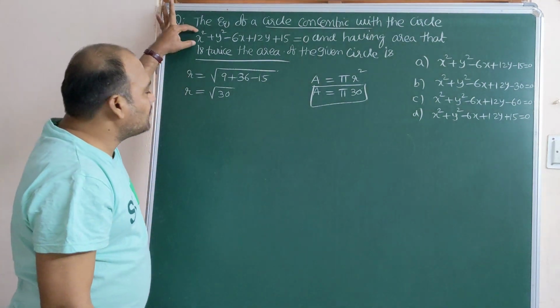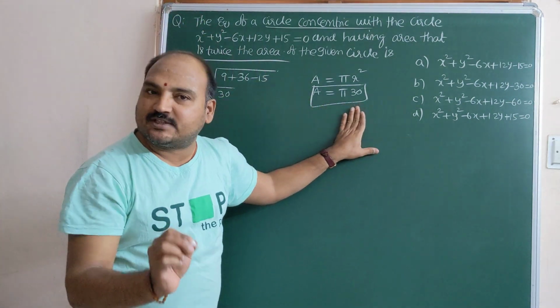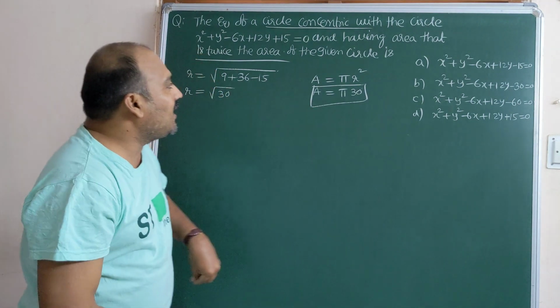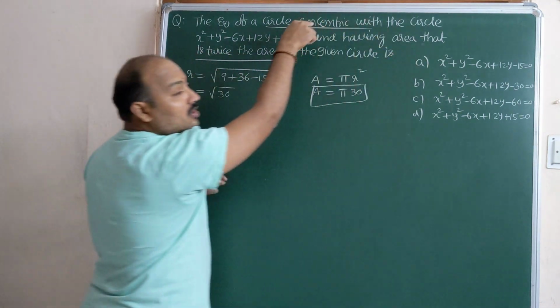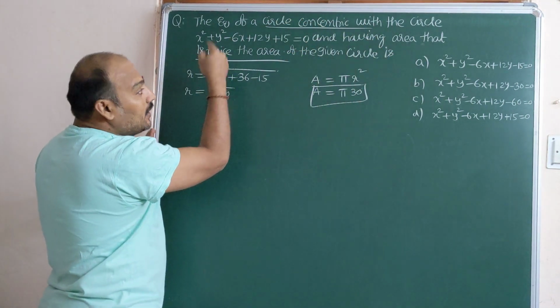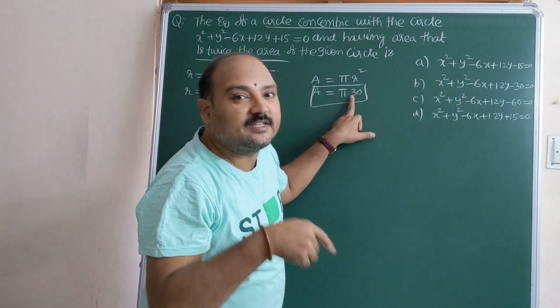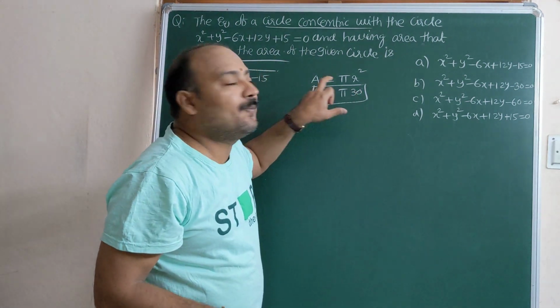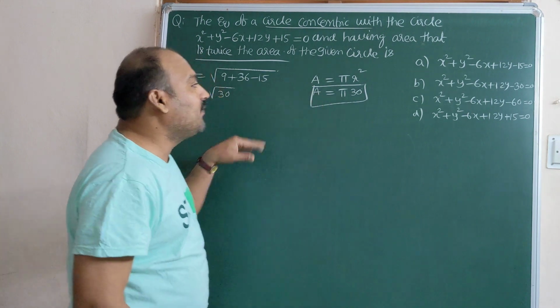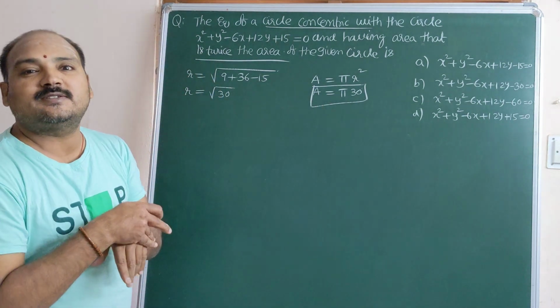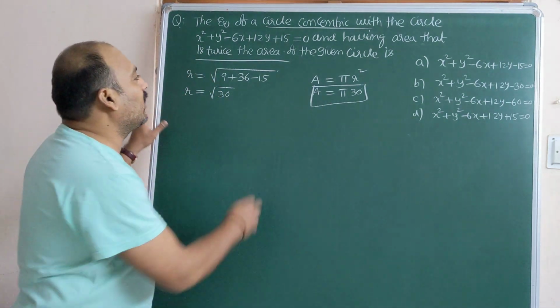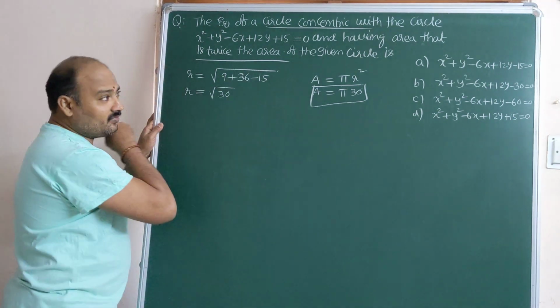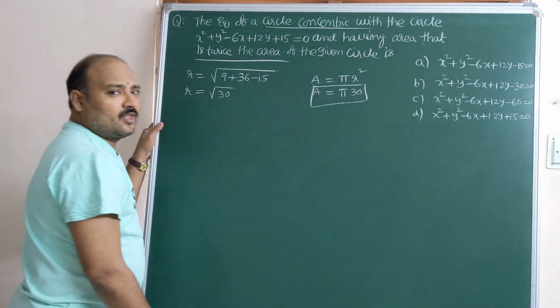So this given circle area is 30 pi units. What they are asking is a concentric circle having twice the area. So if the area is double, that means 30 plus 30, 60 pi, if you are getting that, then that is the required answer. So now we will go for option verification.